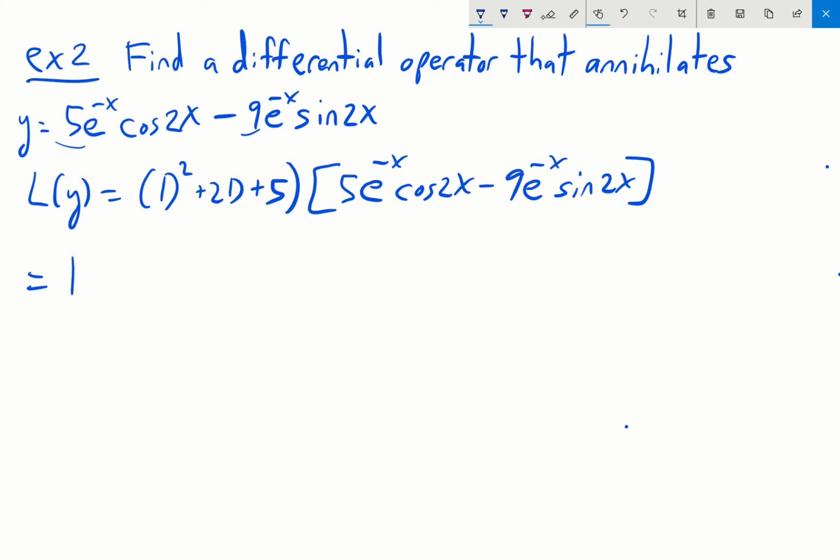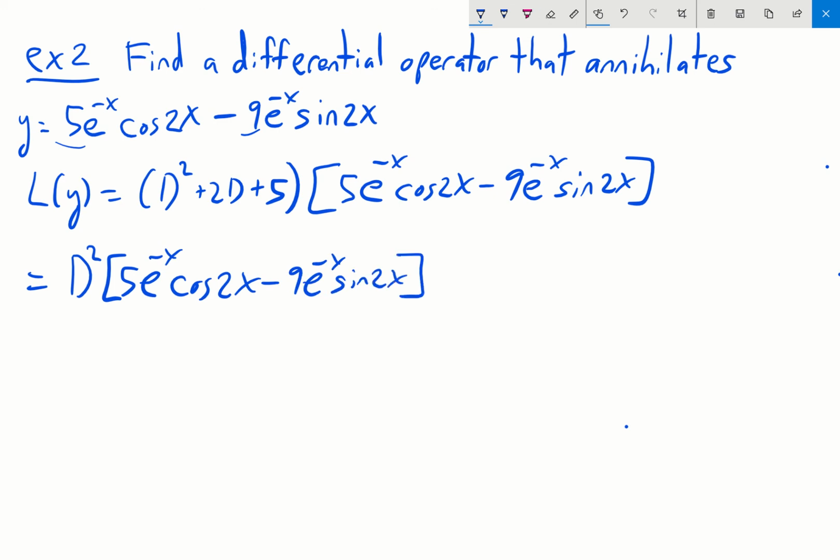So this is going to be equal to, we need to take the second derivative of each piece. We need to do twice the derivative of that function.